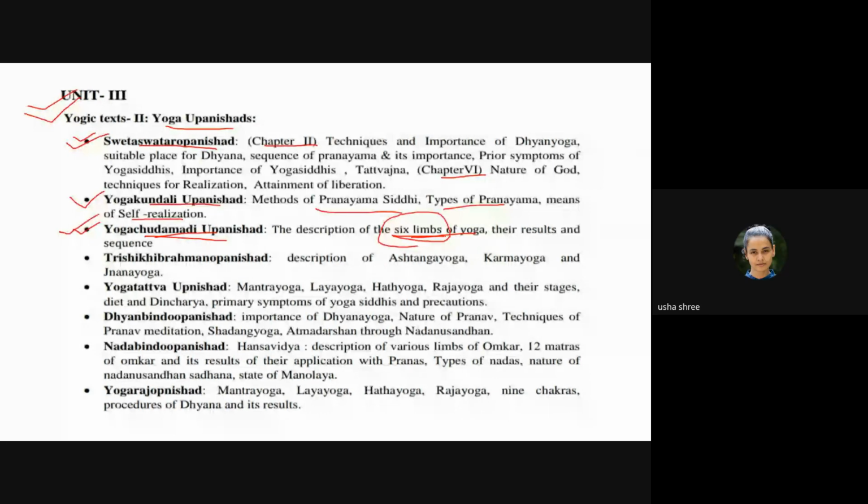Okay, sir. So this syllabus should be on your fingertips. For that kind of question: Ashtanga yoga is in which Upanishad? The Trishikhi Brahmana Upanishad. Which Upanishad follows Karma Yoga and Jnana Yoga? The Trishikhi Upanishad. So these kinds of basic questions, more than 2-3 questions sometimes, I have noticed in the exam.